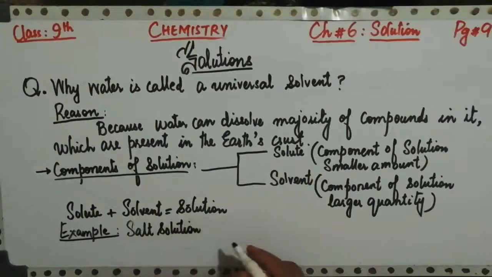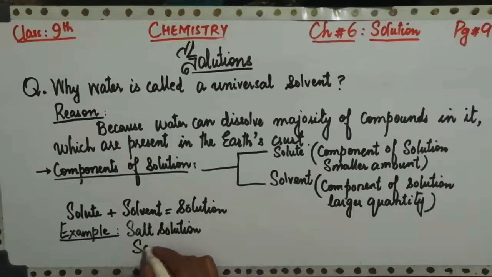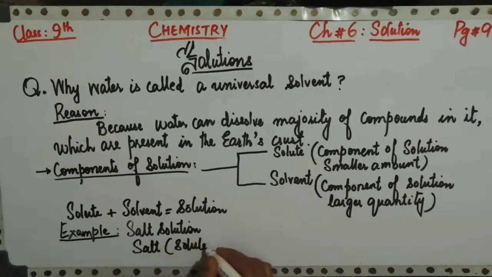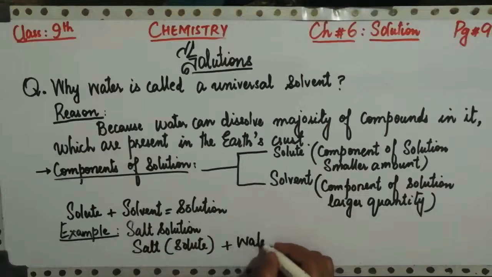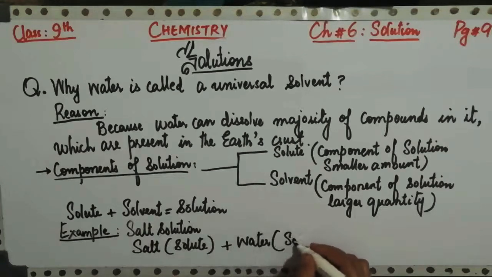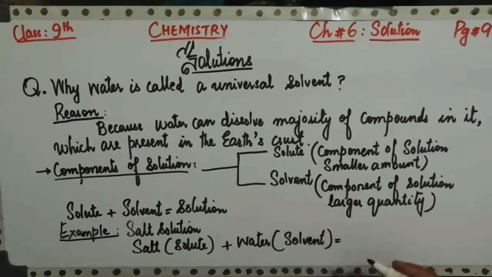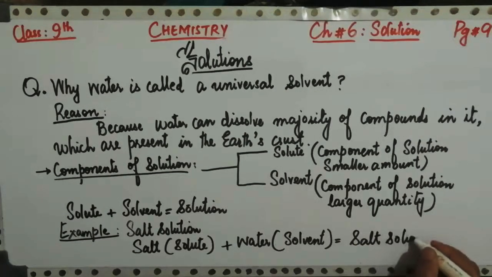In salt solution, basically salt acts as solute, while as solvent you can take water. So water acts as solvent, and the resulting homogeneous mixture which is formed is a type of solution, and this type of solution is called salt solution.